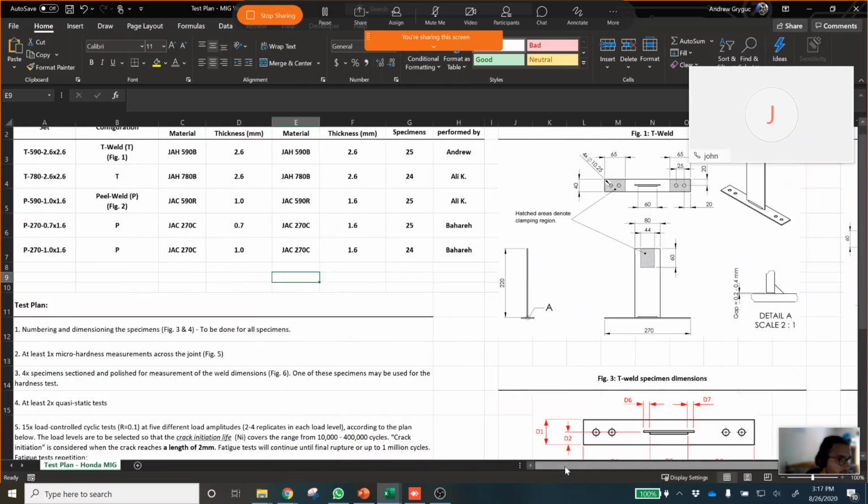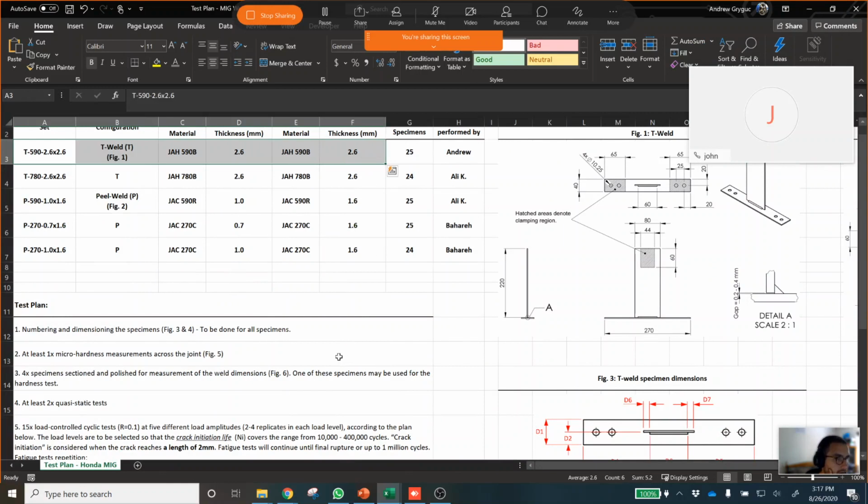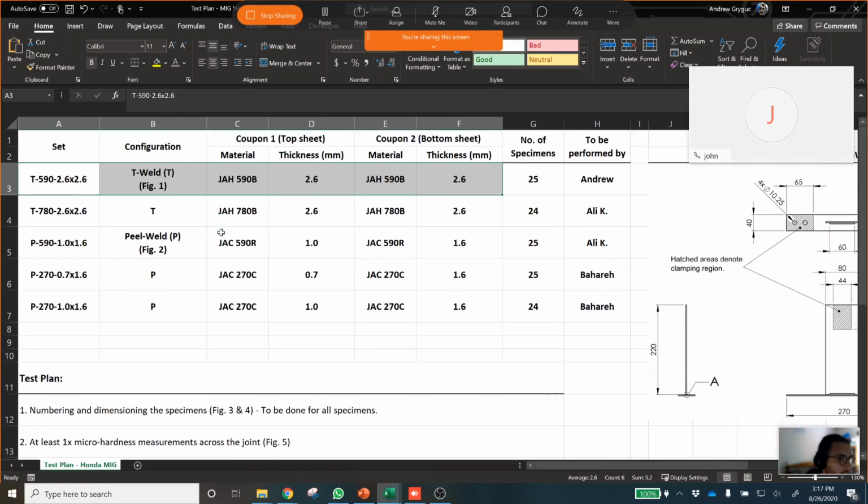Yeah, and right now you started with 590, right? Correct, with 2.6, 2.6. So next, can you go to the... I cannot see the top of your sheet. Can you go a little bit up? Is that better? Yeah.